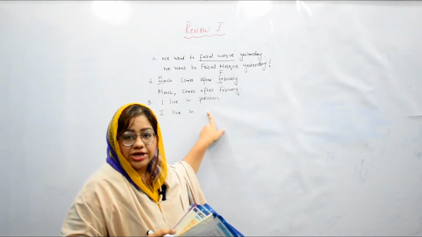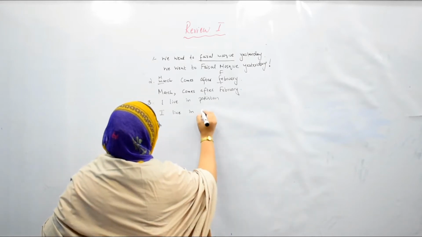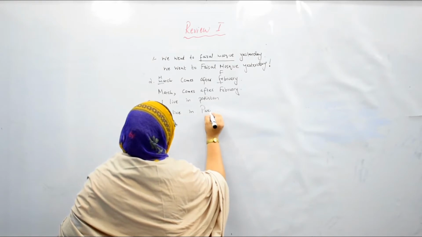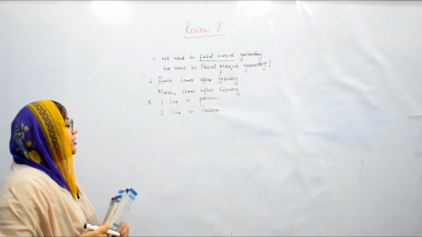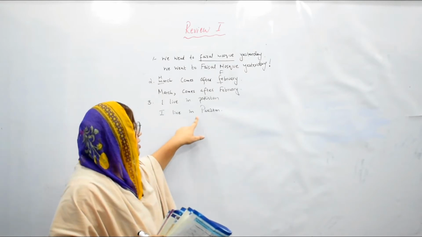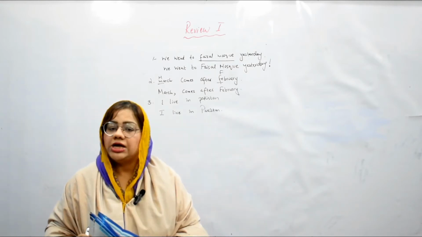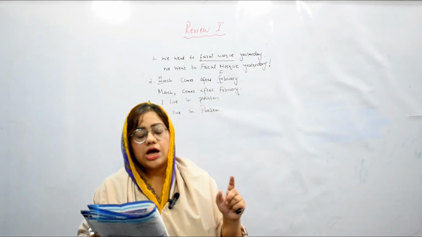Pakistan is a country, so the P should be in a capital letter. I live in Pakistan, and a full stop at the end of the sentence. These are the sentences to punctuate.